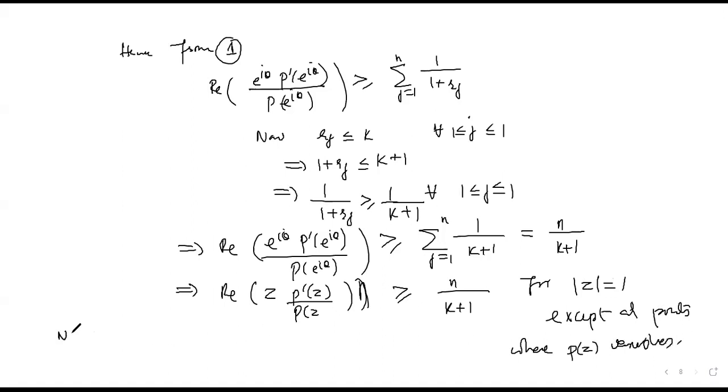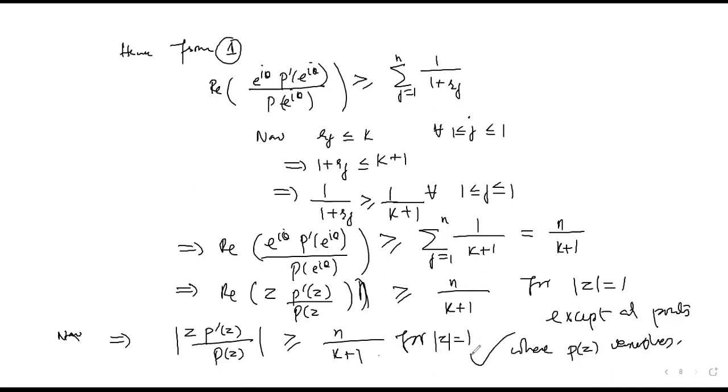Which implies that, I directly write, mod of z p dash z divided by p of z is greater than or equal to n divided by k plus 1 for mod z equal to 1, except at points where p of z vanishes. Now mod z equal to 1, so we can remove it, and you write that mod of p dash z is greater than or equal to n divided by k plus 1 multiplied by mod of p of z for mod z equal to 1.